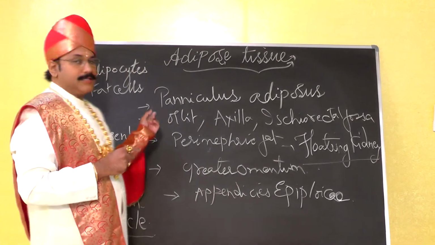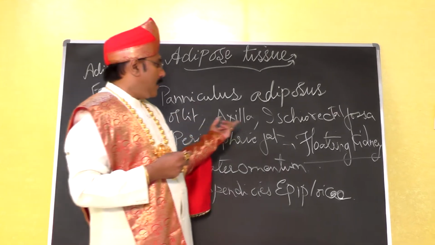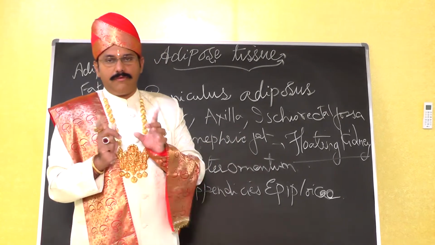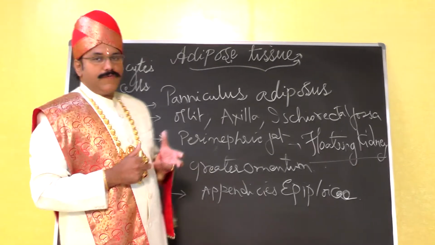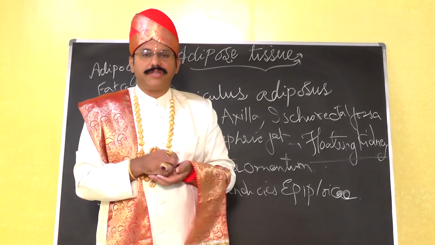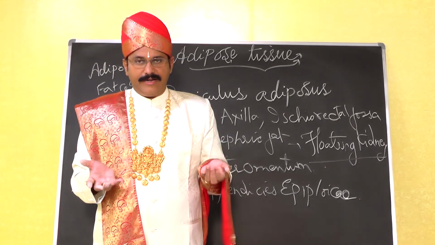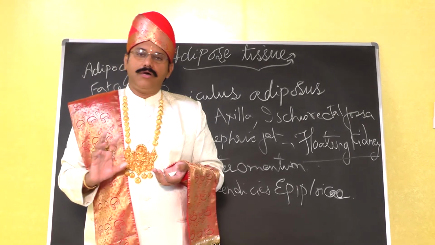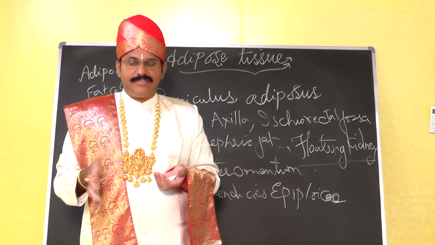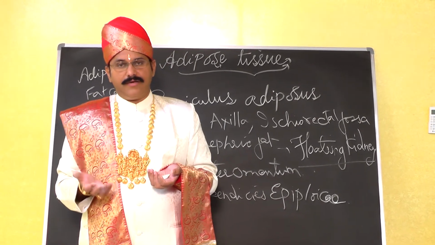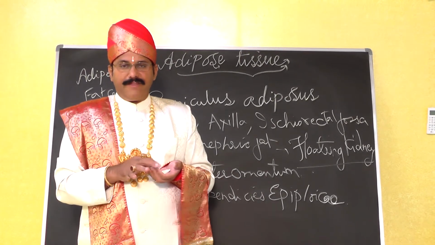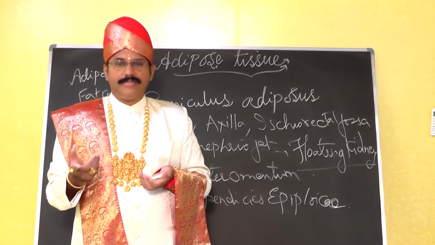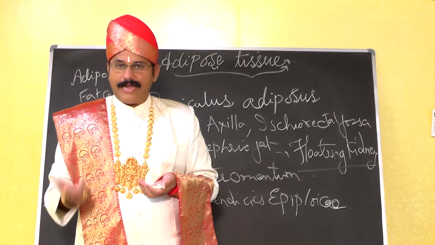Also, fat is present in the orbits, axilla and ischiorectal fossa on either side of the anus. Coming to the perinephric fat, the kidneys on the posterior abdominal wall lie on perinephric fat, which forms a cushion or seat for the kidney. This perinephric fat is lost if the person is doing crash course dieting.